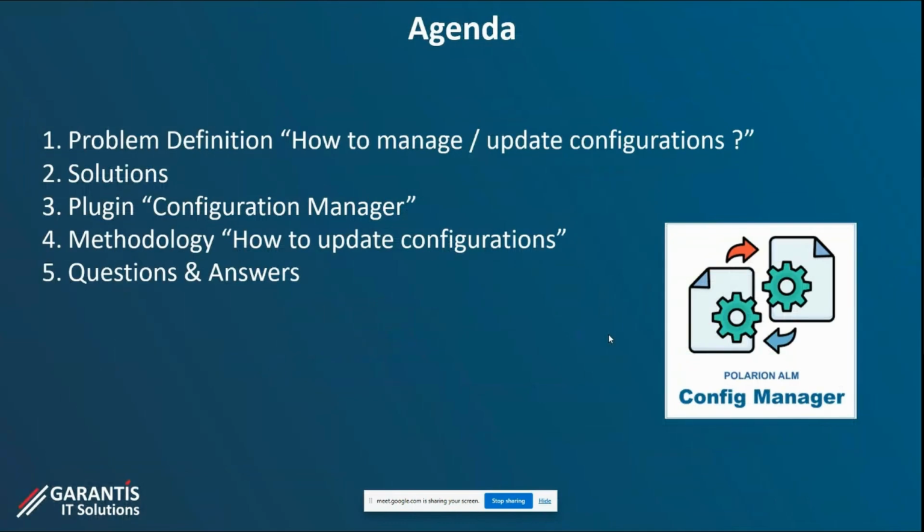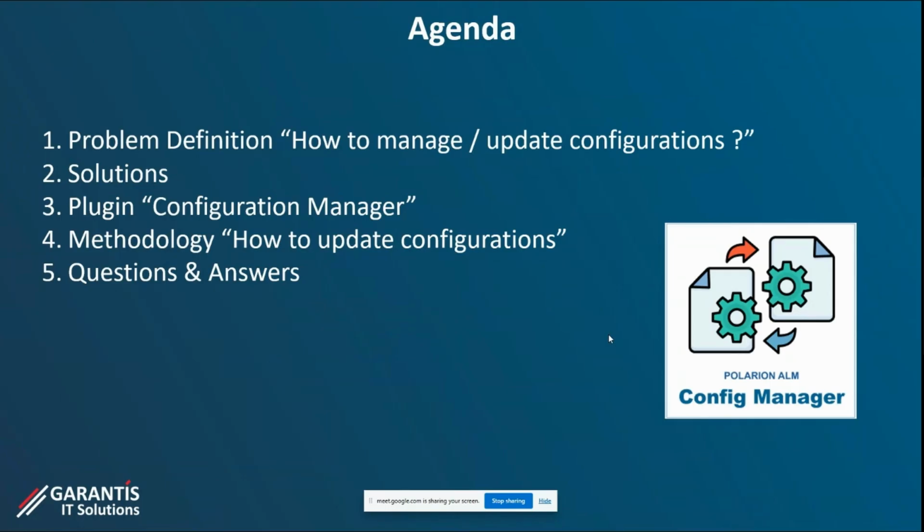So the problem we already discussed: you have multiple projects, you want to update configurations, and how to do it. You can use SVN checkout, or you can use Config Manager, because it will do everything on the server without SVN checkout.